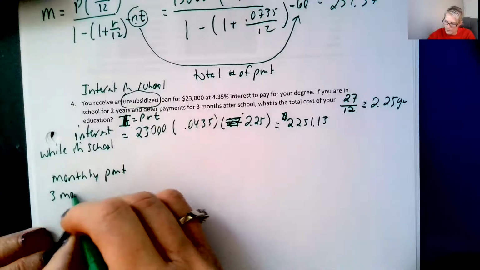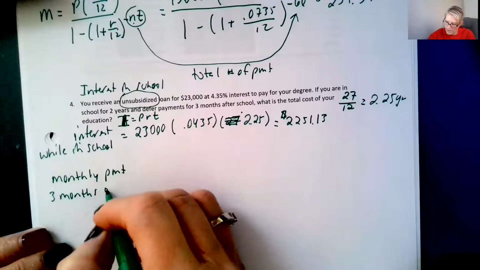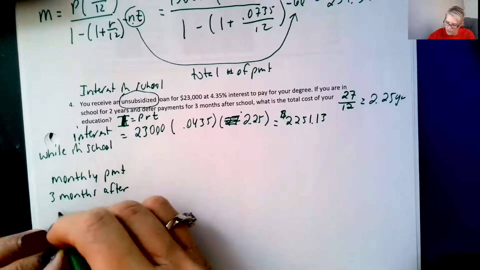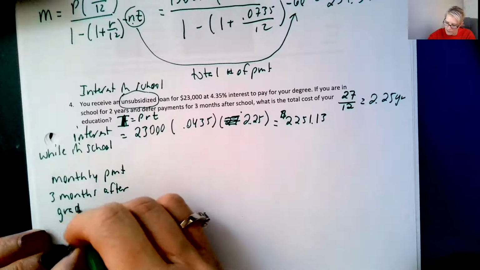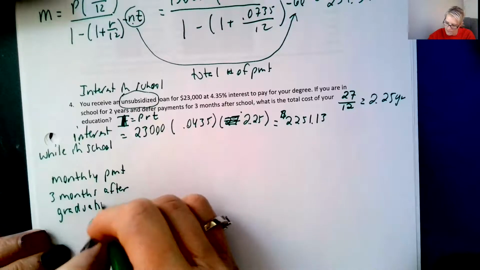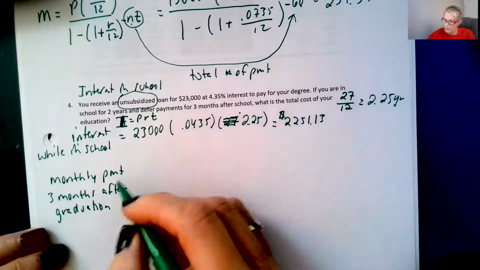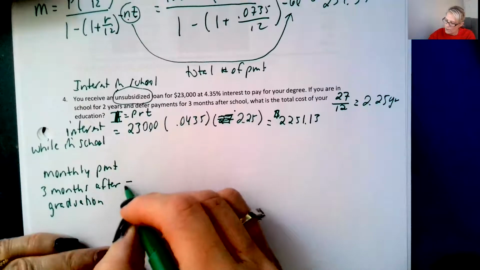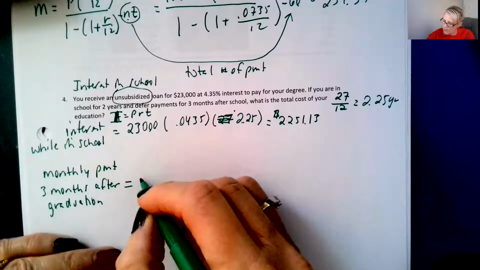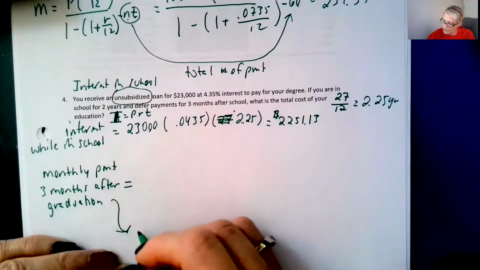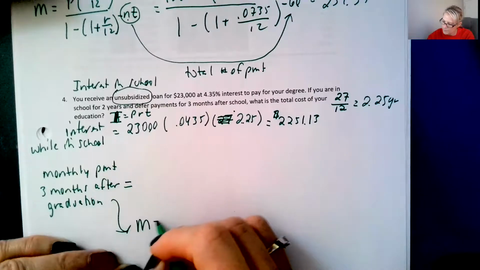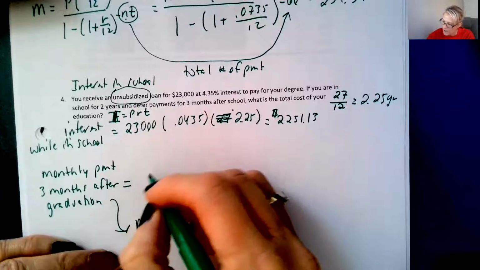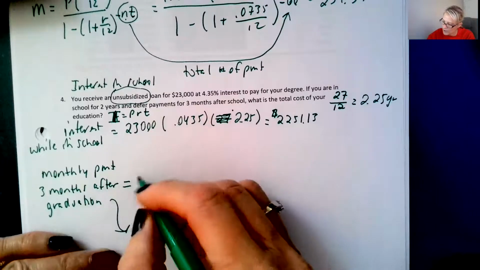When we graduate and start making our monthly payments, 3 months after graduation, that's what they told us, I have to figure out my monthly payment. But first I have to find out how much I'm going to owe.